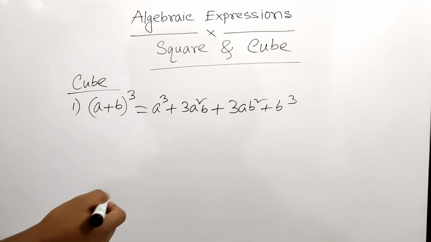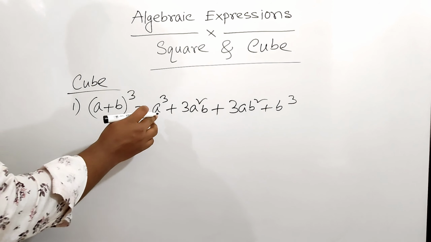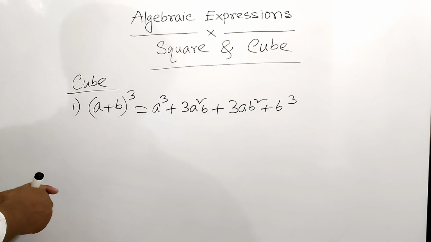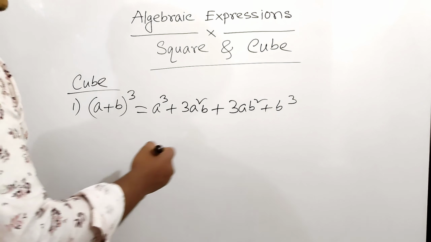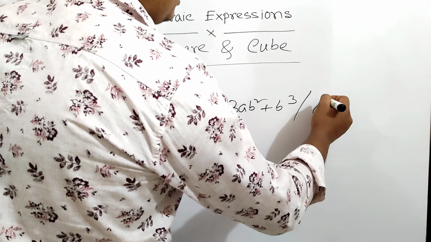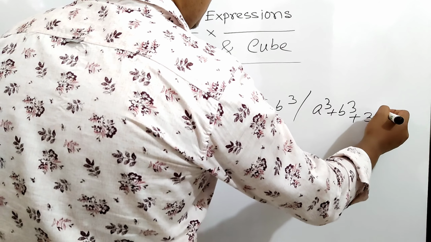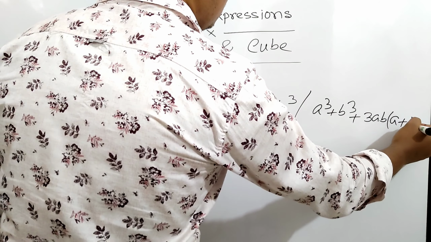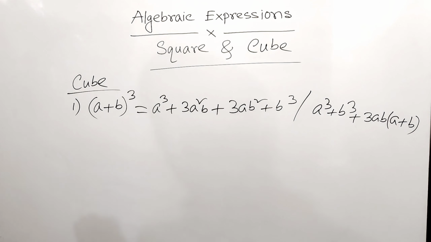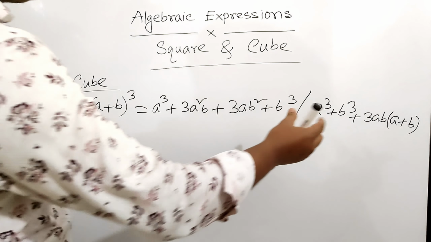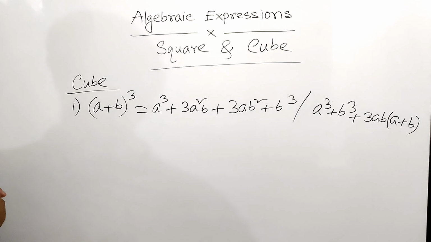Okay, so a plus b whole cube equal a cube plus 3a square b plus 3ab square plus b cube, or you can write a cube plus b cube plus 3ab into a plus b. So this is another expression for a plus b whole cube.